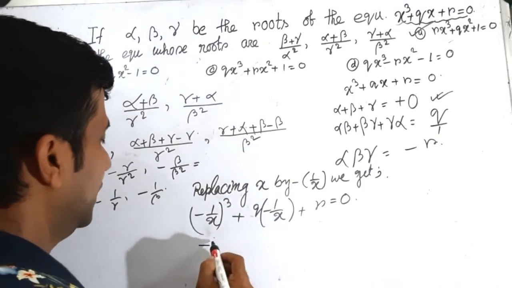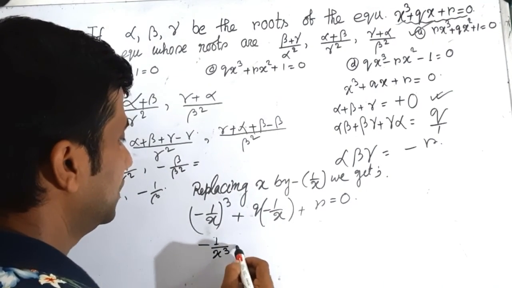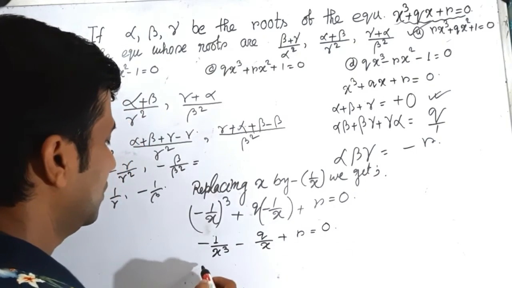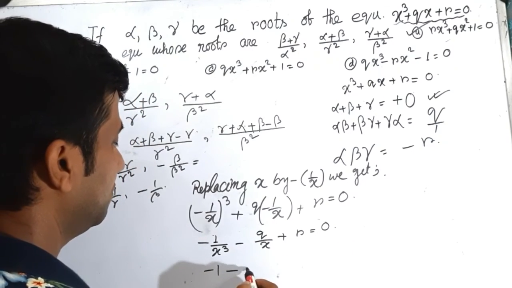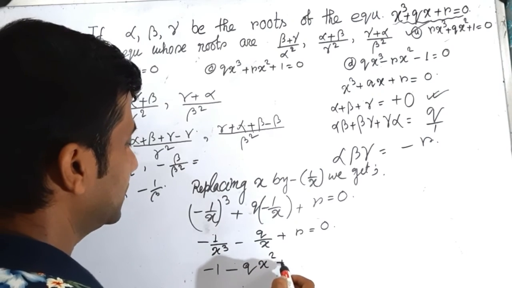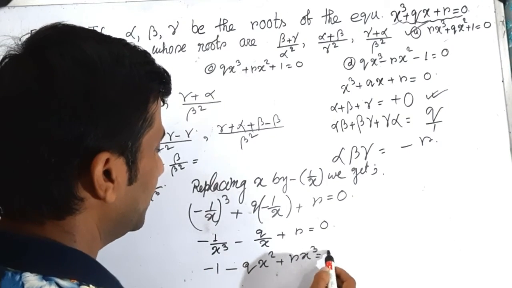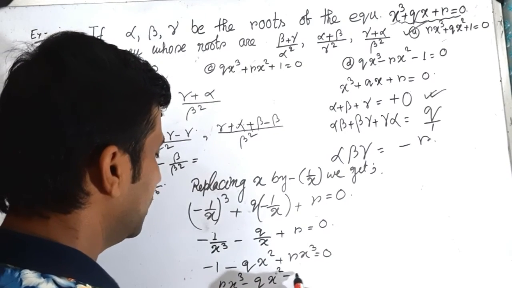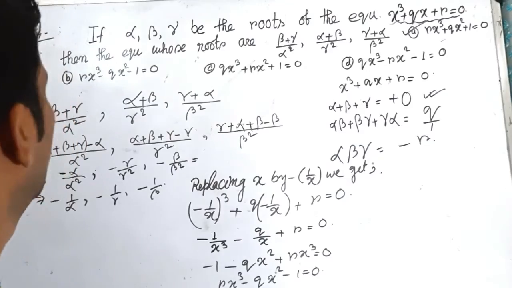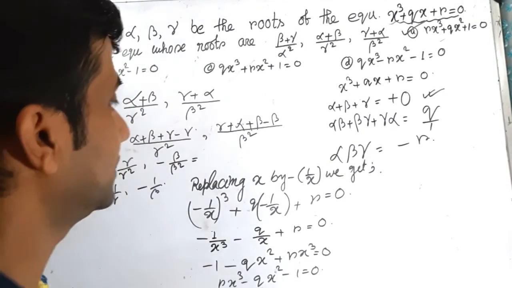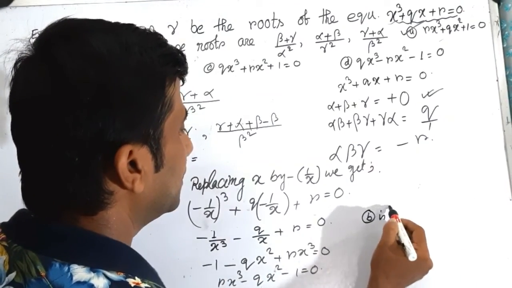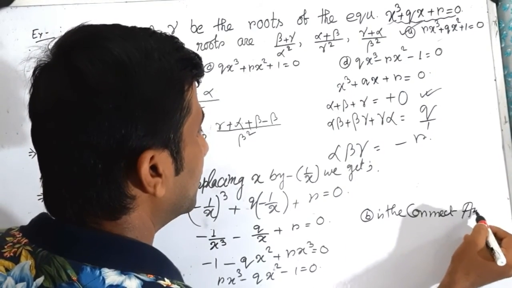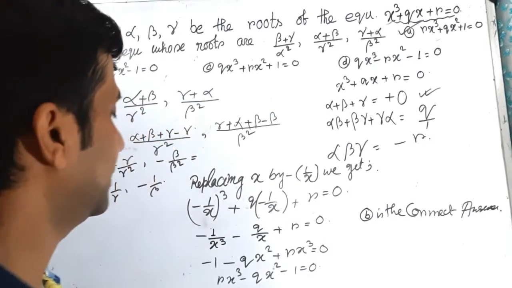That is minus 1 by x cube minus q by x plus r is equal to 0, or minus 1 minus qx square plus rx cube. So our required answer is rx cube minus qx square minus 1 is equal to 0. That means B is the correct answer.